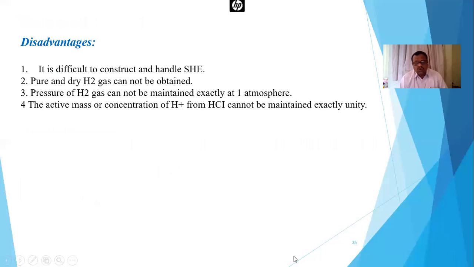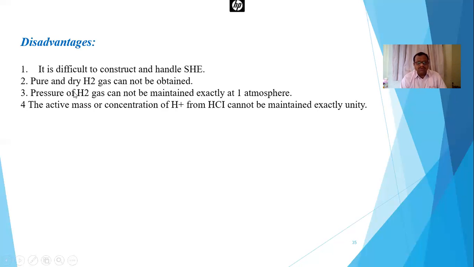Now let us go on to the disadvantages of the standard hydrogen electrode. It has many disadvantages. It is difficult to construct and very difficult to handle for a common man who does not have knowledge of chemistry.